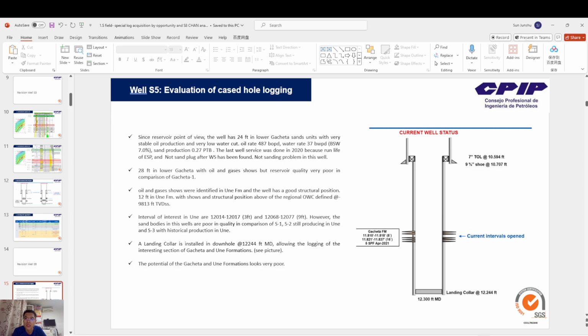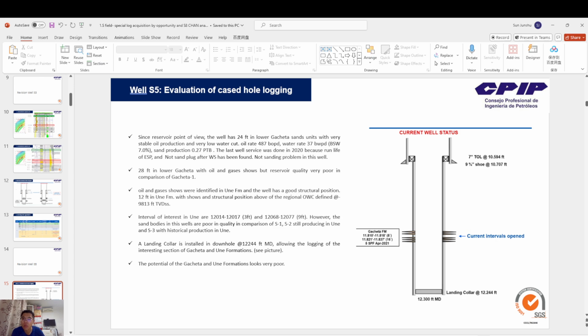Sand production 0.27 ppb. The latest well service was done in 2020 because of run life of ESP, and no sand plug after work service has been found. Not a sanding problem in this well.